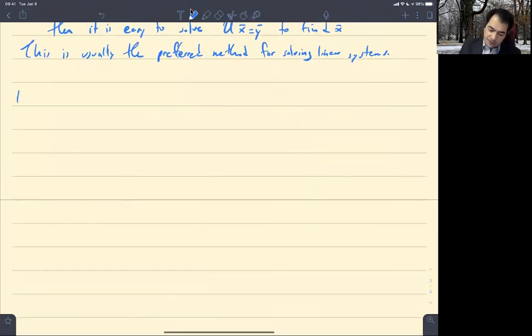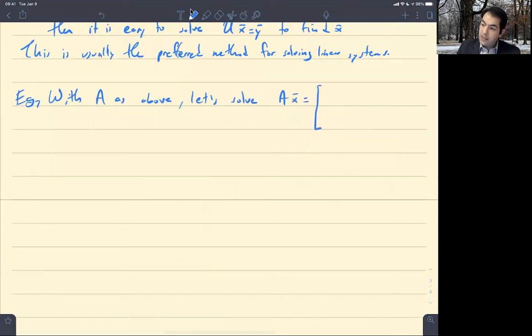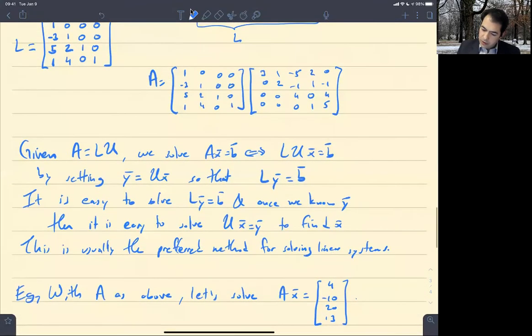So let's do an example. Let's use the same matrix A as above because we've already found its LU decomposition. And let's say we want to solve A times X equal to B, where B is the vector 4, minus 10, 20, 13. Okay, so let me copy these matrices.